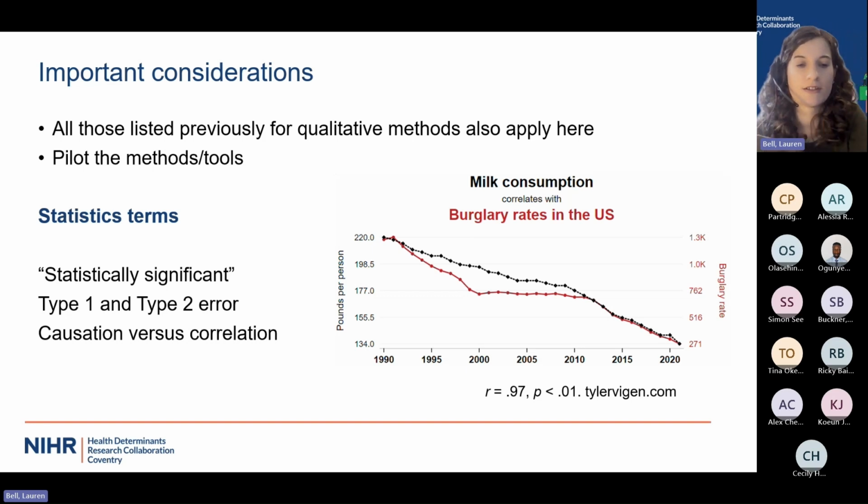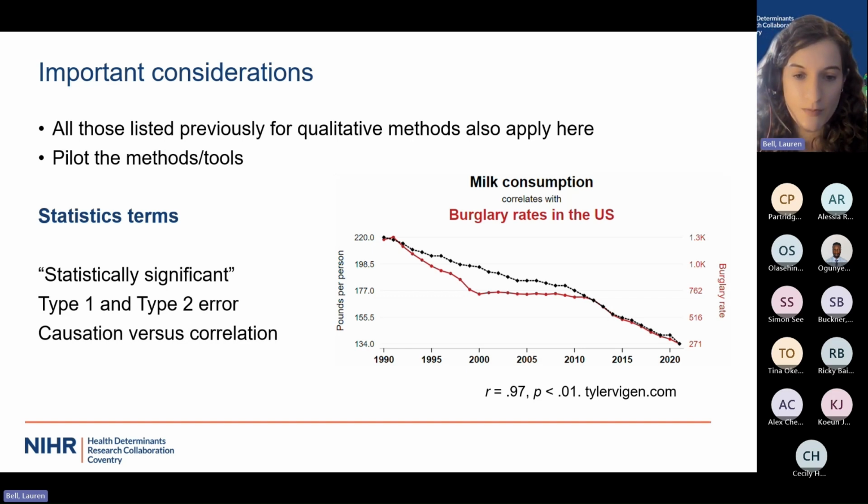Causation versus correlation. Again, you might have heard of this phrase. There's this website which is quite interesting to look at by this person, Tyler Vigen, who has put loads of variables together and is just seeing what correlations they can find naturally. This one shows that milk consumption is very highly correlated with burglary rates.